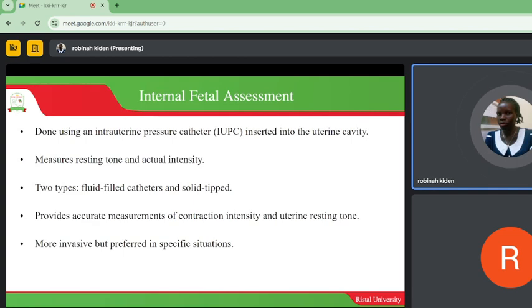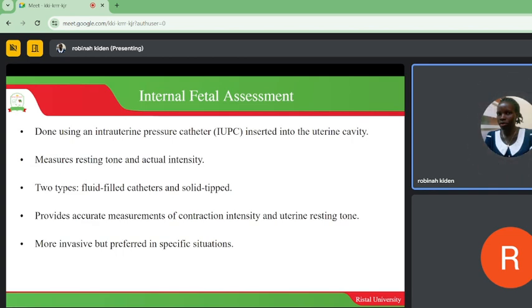More invasive, but preferred in specific situations, more so in situations where there is doubt about the viability of the fetus. This is when we can use the internal fetal assessment. Otherwise, in a normal labor, the use of the external fetal assessment is just enough.